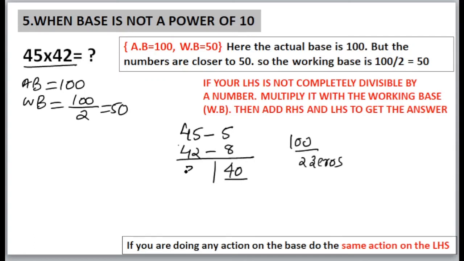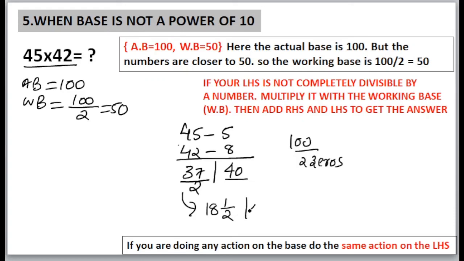But you have to perform a division action on the LHS because you have performed the same action on the working base or the original base. So 37 by 2 is equal to 18 and 1 by 2, and RHS 40.